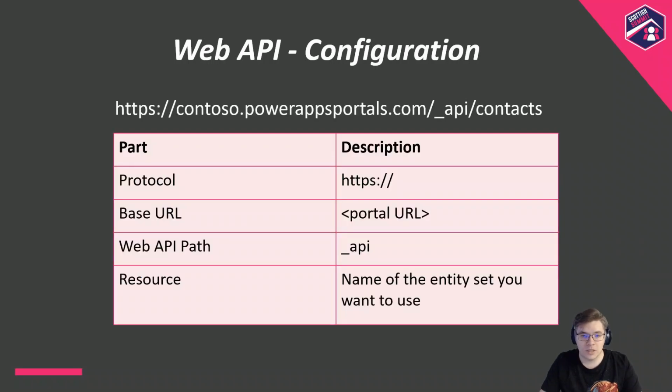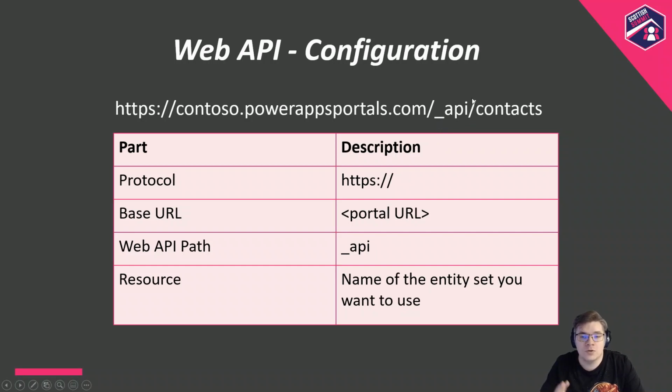Now let's have a deeper dive into configuration. How exactly will you call your Web API? Well, you need to perform a specific request to this URL. It consists of four main parts. First is the protocol, which is only HTTPS, so it's secured. Then the base URL of your portal, then /_api.